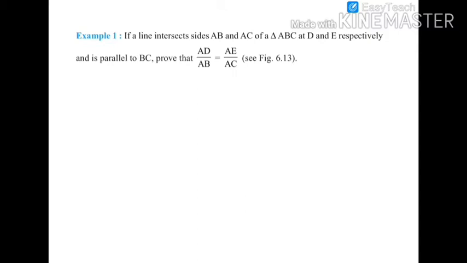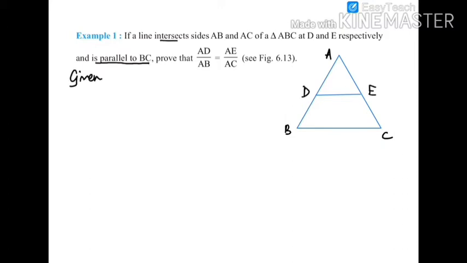Let's draw the figure. So we have triangle ABC, such that a line intersects AB and AC at D and E, and is parallel to BC. So it is given that DE is parallel to BC.